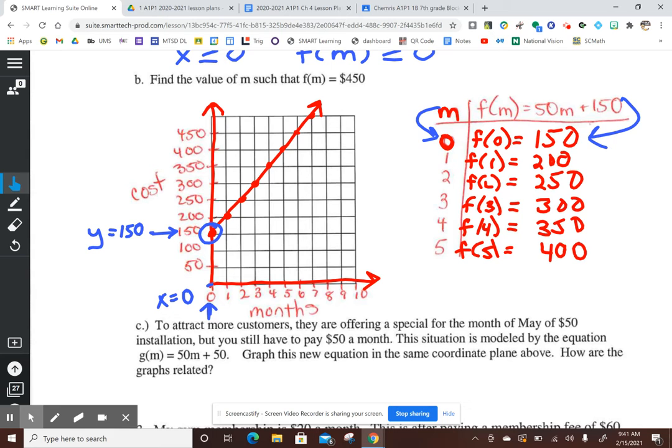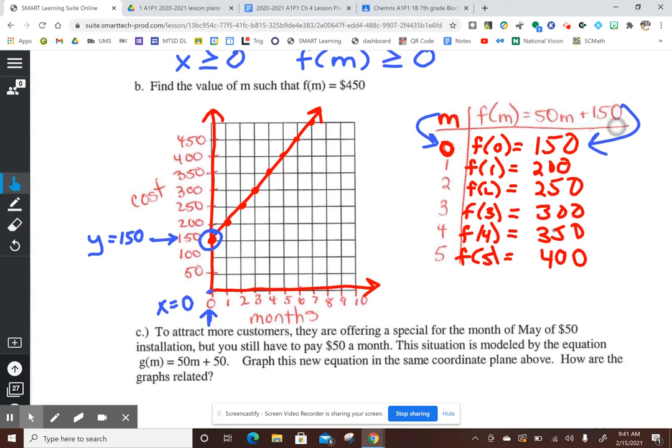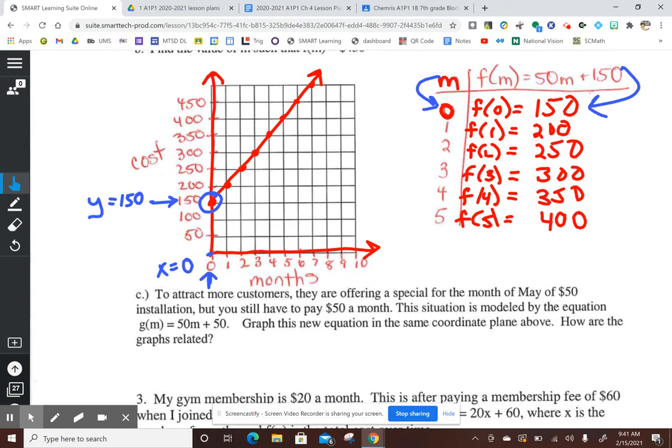Well, basically, the new y amount is going to be 50 less each time, because instead of charging 150, we're only charging 50. So my new values would be 50. I'm going to subtract 150.